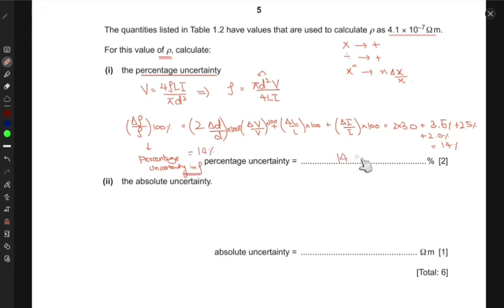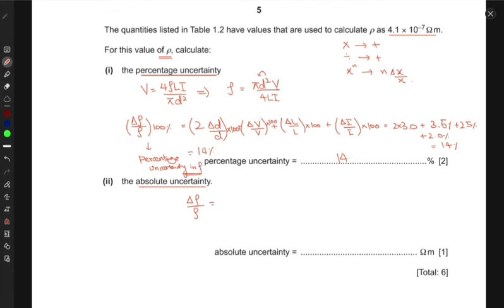So that's the answer. What about the absolute uncertainty? Now, we're still finding this in rho. Absolute uncertainty is defined through the change in rho by rho, which means that change in rho is what?